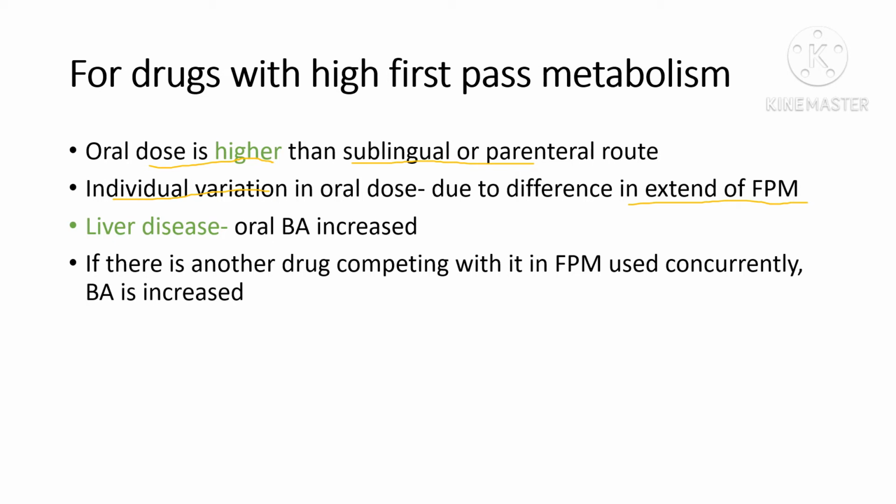We have already said that the first pass metabolism takes place in intestinal wall and in liver. So in case of liver disease, the first pass metabolism is decreased and thus the oral bioavailability is increased. Also, if there is another drug competing with it in first pass metabolism used concurrently, bioavailability of the drug is increased.